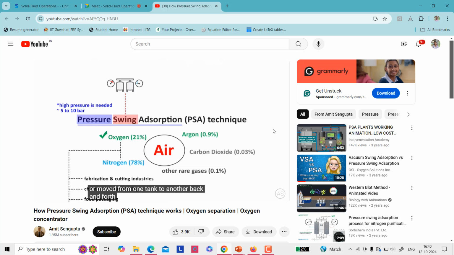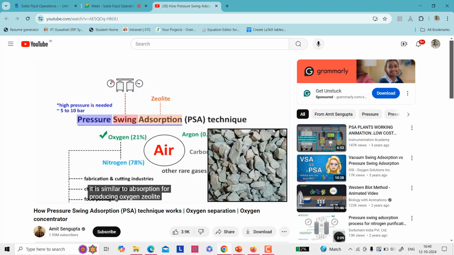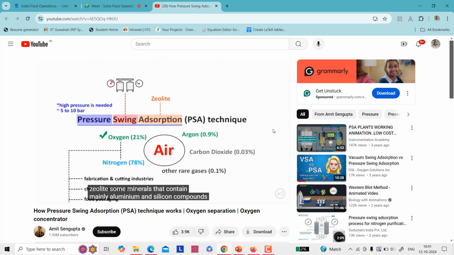If you are producing oxygen, apart from oxygen, the other atmospheric gases have to be adsorbed. Zeolite is that adsorbent. Naturally, zeolites are minerals that contain mainly aluminium and silicon compounds. They are used as drying agents in detergents, in water and in air purifiers.